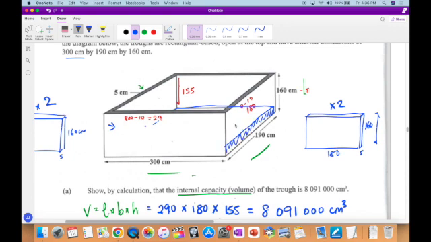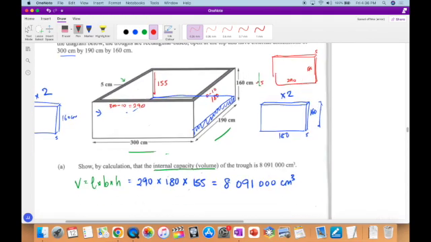So that means that I would need to get something that is the area of the 290 and the 180, right? So we'll have to have one sheet that is 290 by 180 with the thickness of 5. And that should fit inside of there because we're using the inside dimensions for the bottom plate, right?